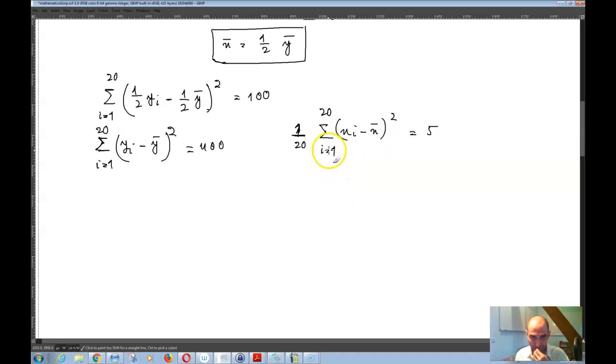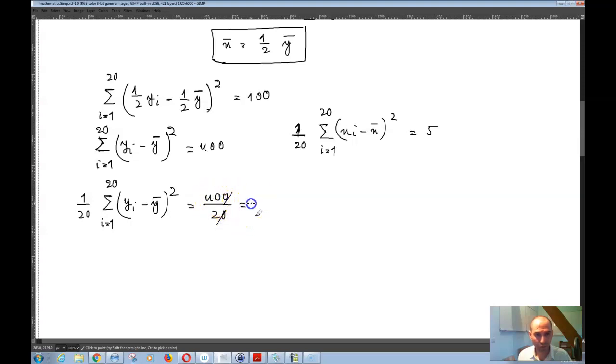So what that means is that now I have to somehow put this 1/20th over here so I can compare this part, right? If I divide this side of the equation by 20, I will get 1/20th sigma of y of i minus y bar whole squared as i goes from 1 to 20 is equal to 400 divided by 20, which is 20.